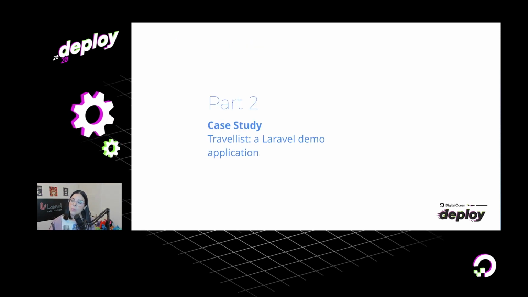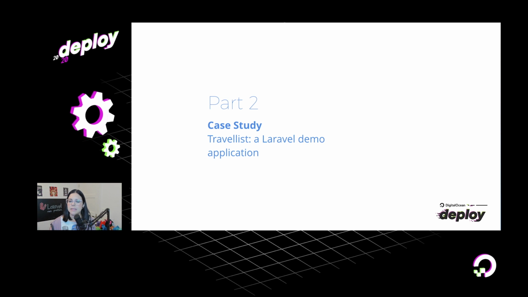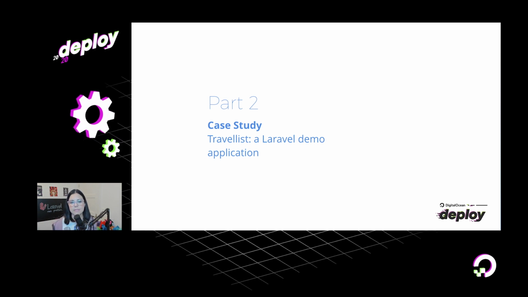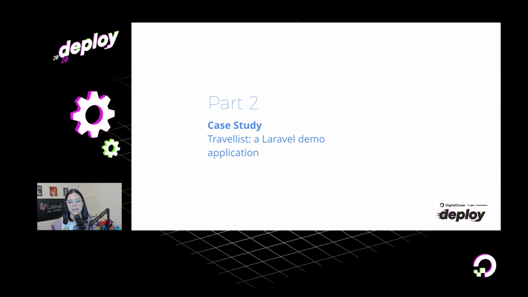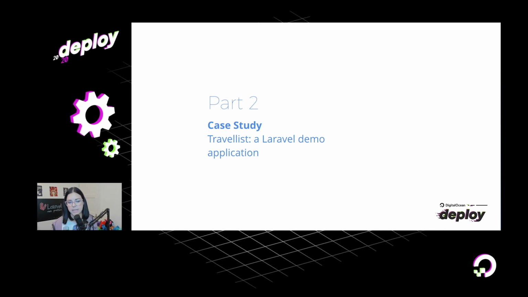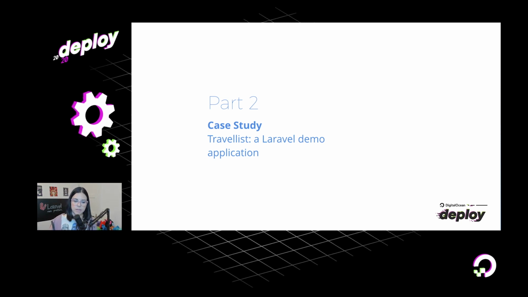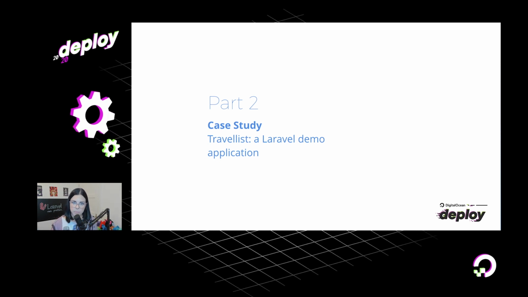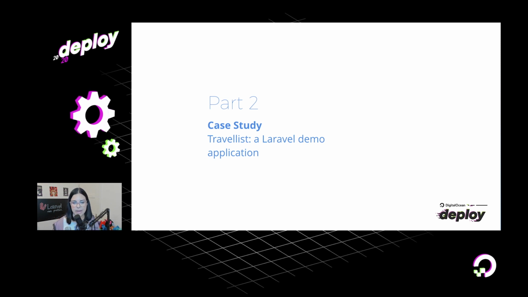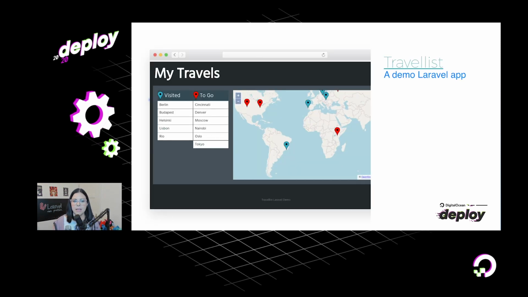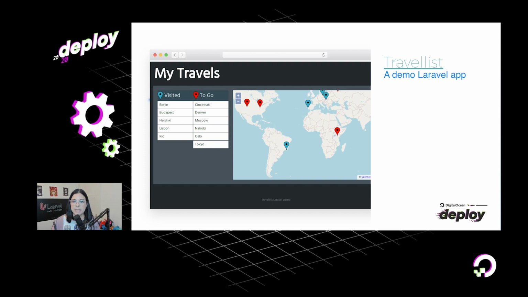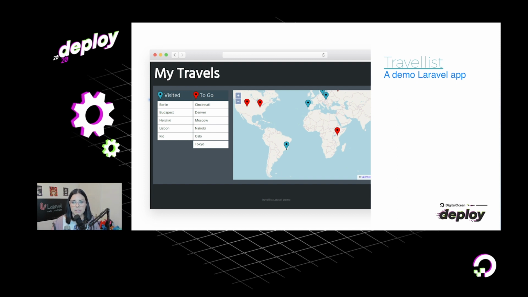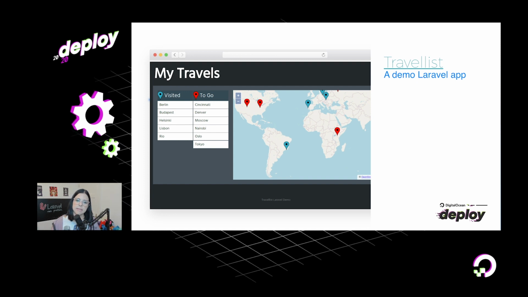Okay, so we've seen an overview of development environments in PHP and also Docker Compose and how it fits in. Now we're going to go through a more specific case study of a Laravel application and how to containerize it. Our application is a demo Laravel application called Travelist.